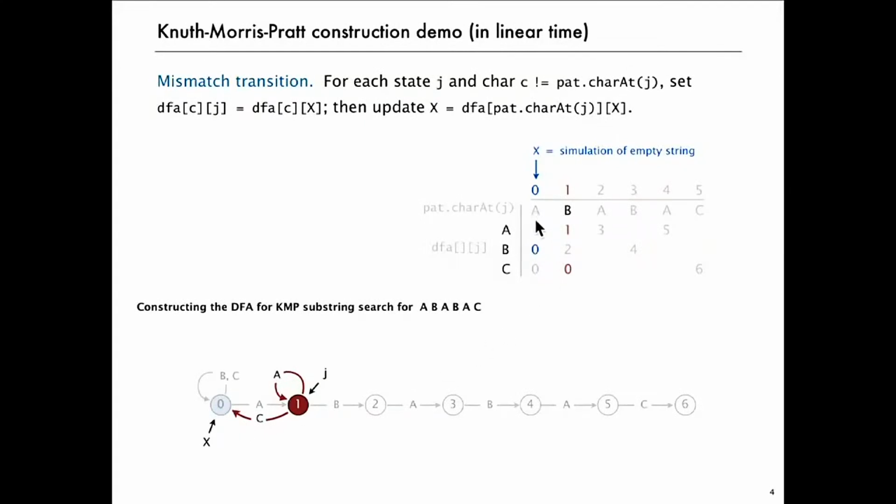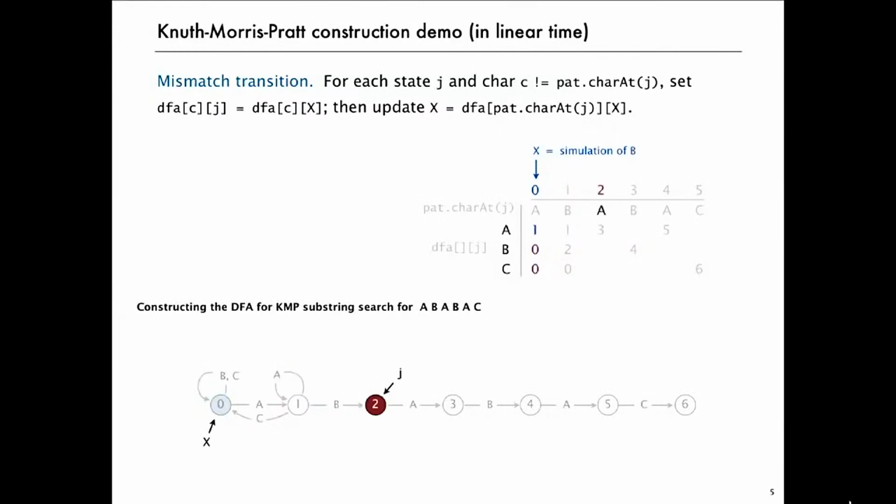And maybe you notice that's just taking the entries corresponding to the entries we need from X's column and putting it in J's column. That's all it is. And then we need to update X, which is where it would be if we matched a B. So X will stay in state 0.